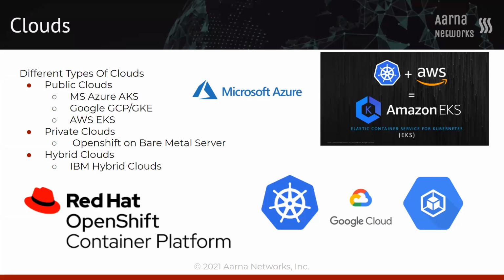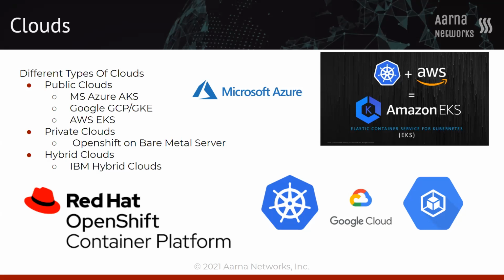The third category is a hybrid cloud, where part of it is on your premises and the other part is in the public cloud. In this session, we will focus primarily on the public clouds, and within the public cloud, we will cover only Microsoft Azure, Google GCP with the Kubernetes engine, and AWS EKS.